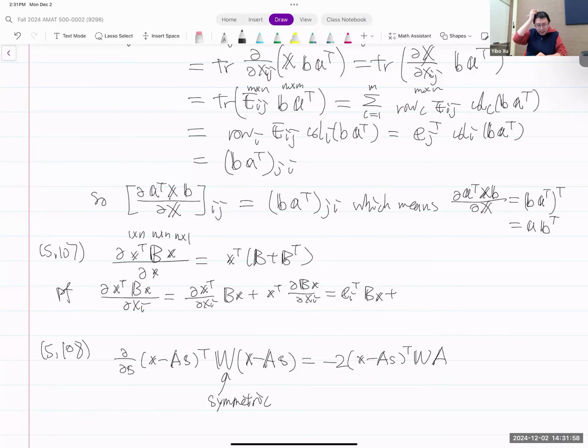Okay. And now for the second one, just realize that bx, right? So it's again the product. So I can just do it's just b times del x del xi. Still matrix multiplication, so it doesn't change much. But this is just EI. Okay. So now let's put the EIs all together.